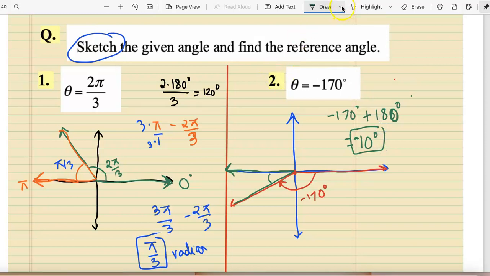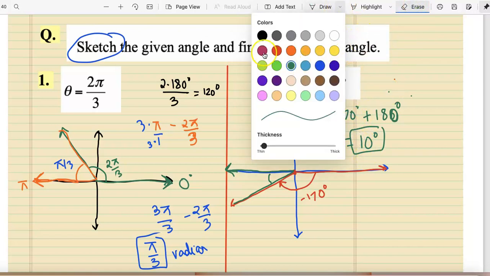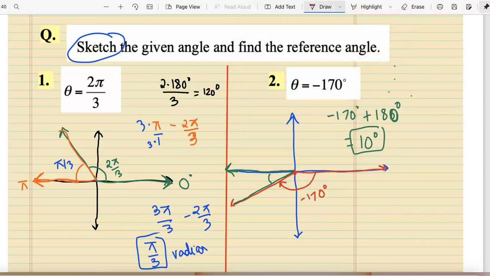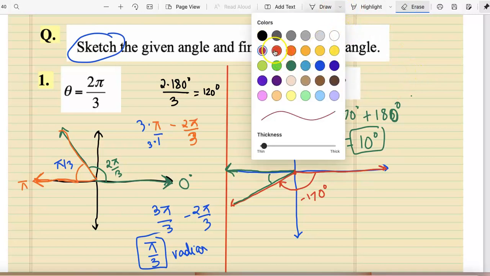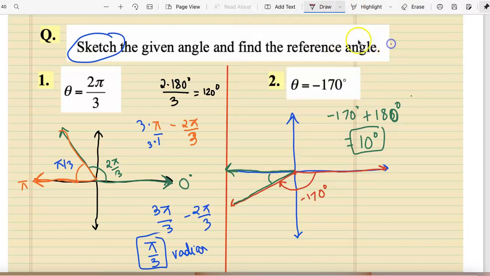It looks like I messed up over here. It should be positive. So let's change it to positive 10 degrees. Why positive 10 degrees? Because our definition of reference angle is this one also. Let me write the definition over here. It will make it a lot easier when we are learning this concept. Reference angle is what?